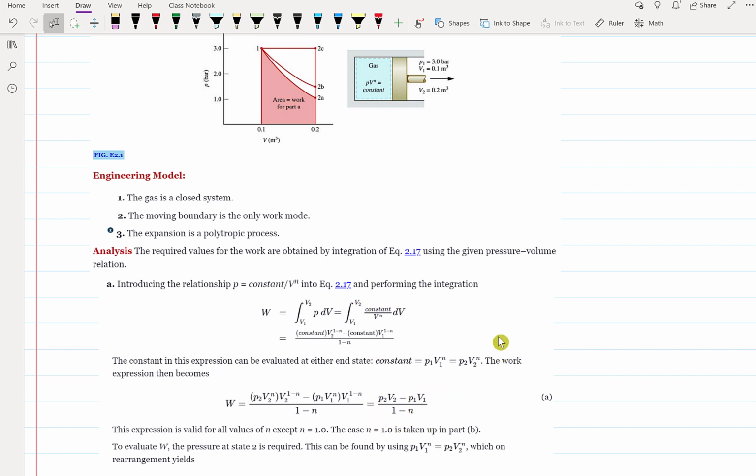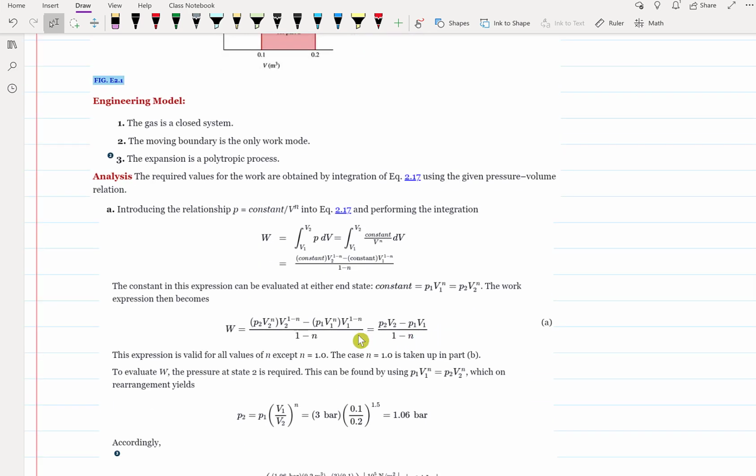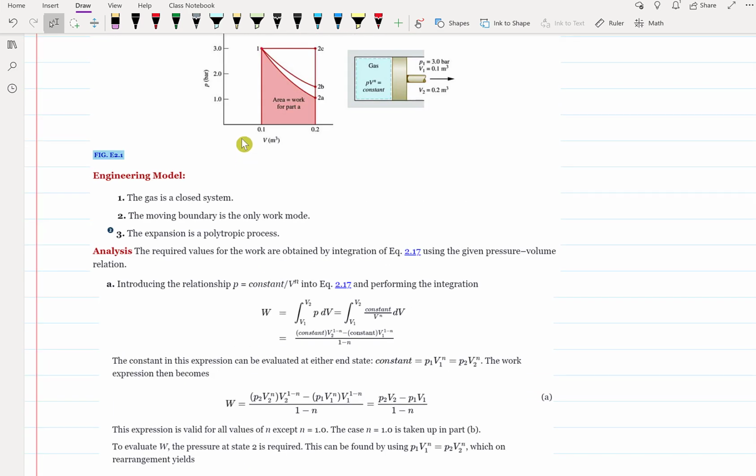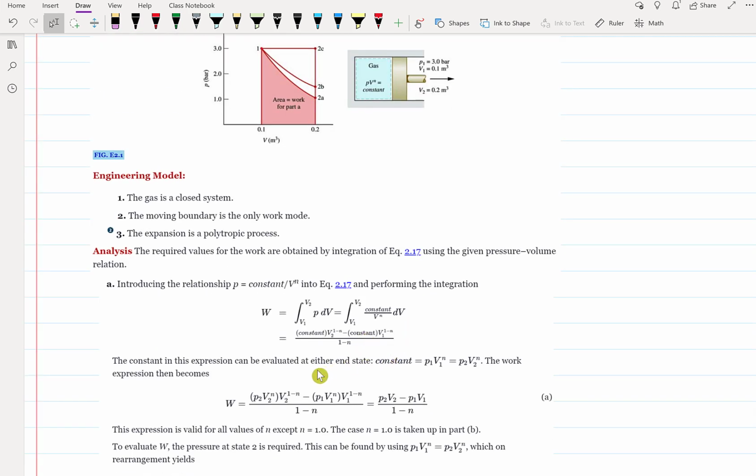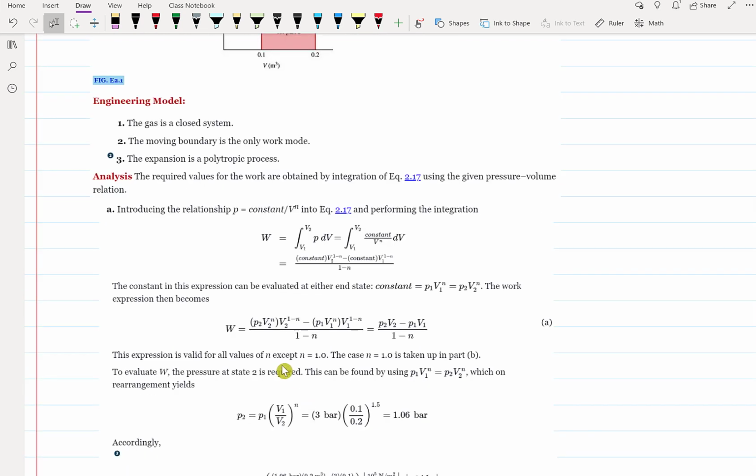Work equals P2 V2 minus P1 V1 over 1 minus n. When the exponent is 1, which is case B, we cannot use this expression. But for the other two cases, we use this expression to calculate the work.